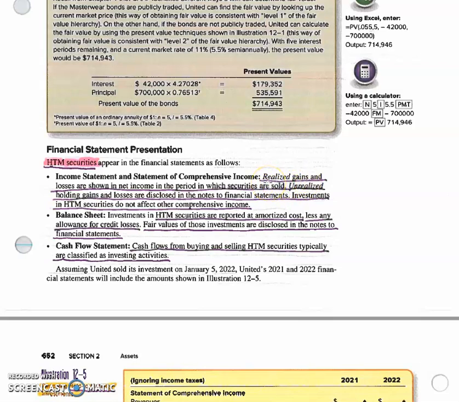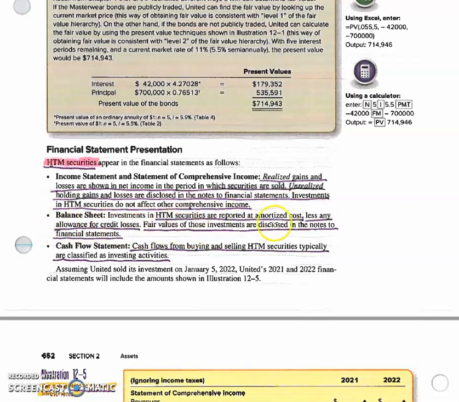Again, we realize them when we sell it and get cash. Unrealized holding gains and losses are disclosed in the notes of the financial statements, and investments in held to maturity securities do not affect other comprehensive income. Remember, they're recorded on the balance sheet at amortized cost. Unrealized holding gains or losses are not of any concern.